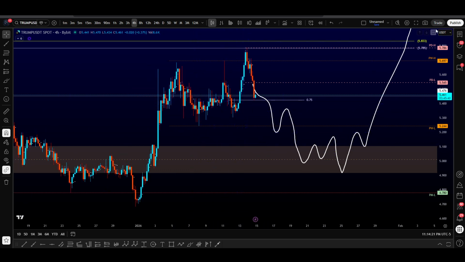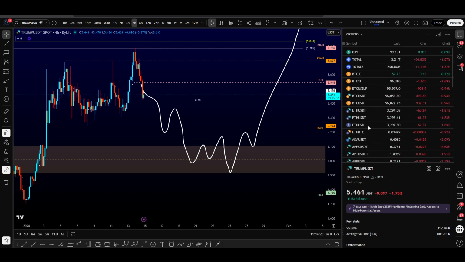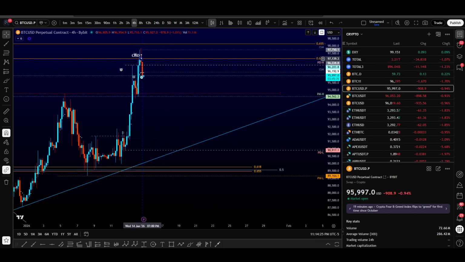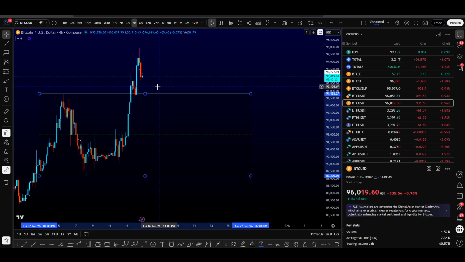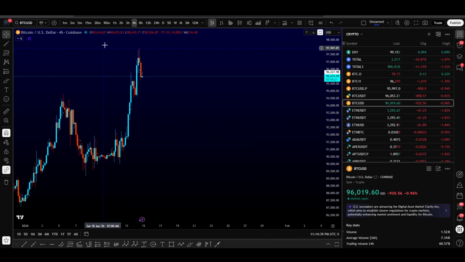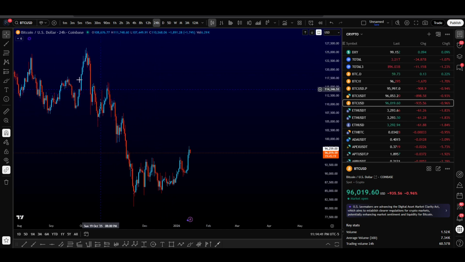Because with Bitcoin, even though Bitcoin dropped a little bit, Trump coin dropped a lot. And I was actually thinking about taking a short on, good thing I didn't short here. But I was thinking about taking a short on Bitcoin once it hit the 618 off of this overall range.